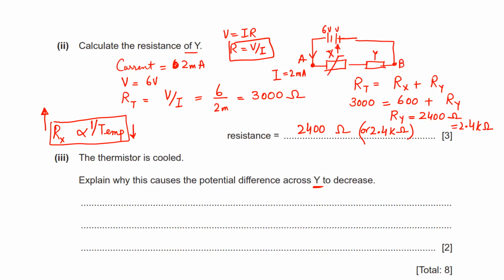If the resistance increases, the overall current through the circuit will decrease, but the drop across the thermistor X will increase. So let's try to write this answer.